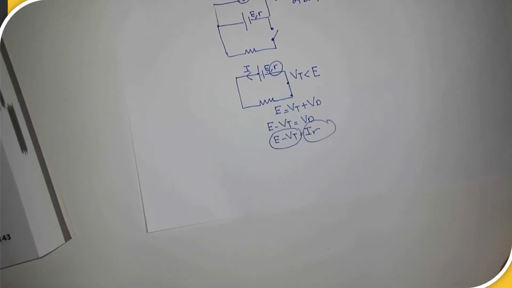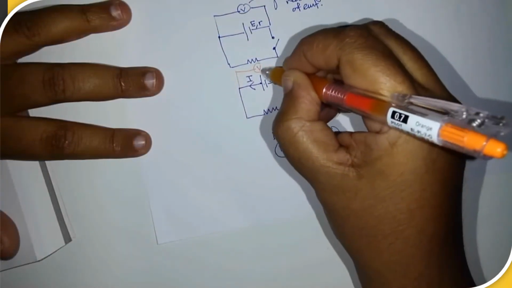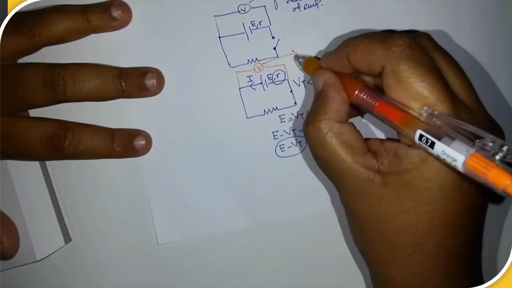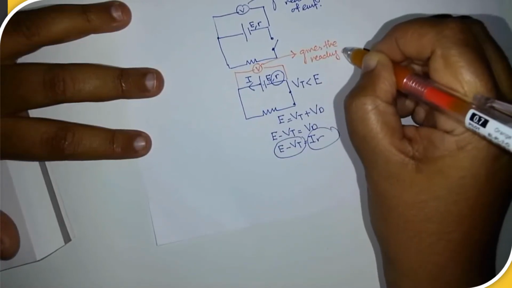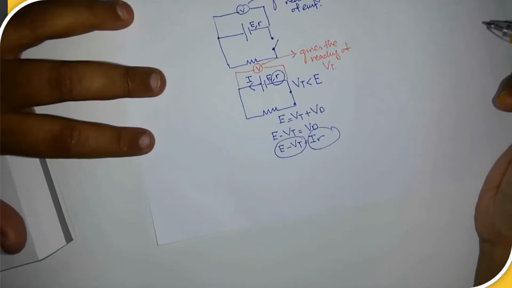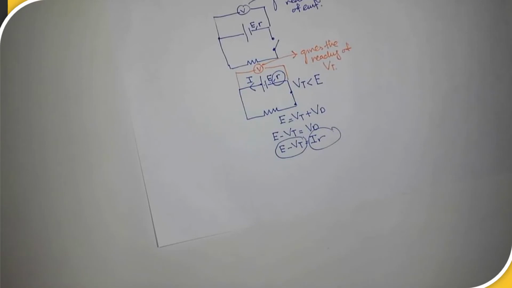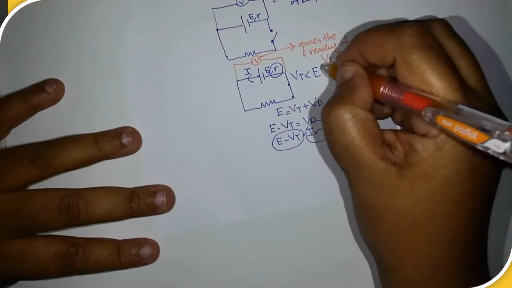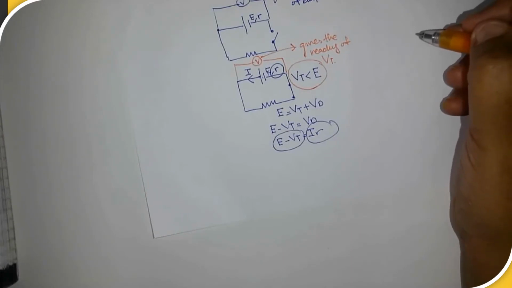So that is what they're trying to say. And if I connect this to a voltmeter, the voltmeter will give the reading of Vt, the terminal voltage. So what is the effect of internal resistance on the potential difference? It will give a value less than the value of EMF.